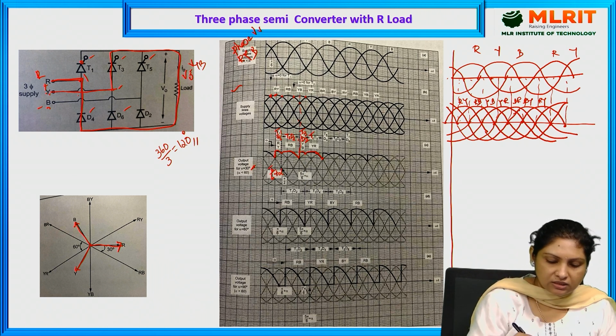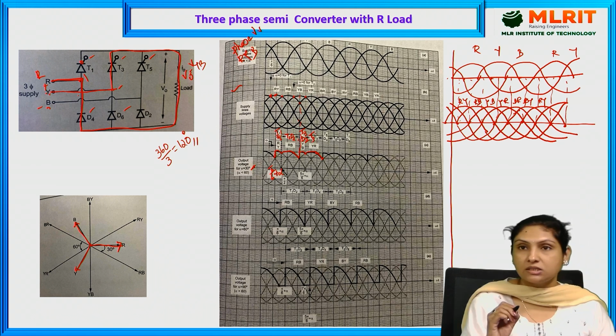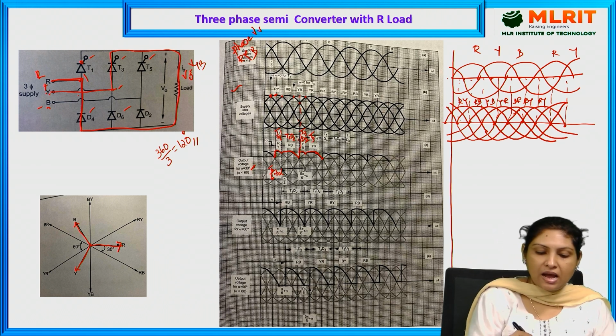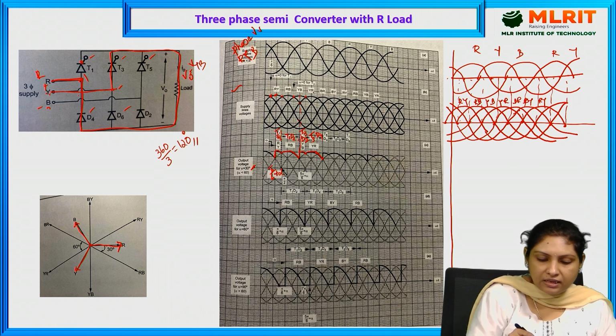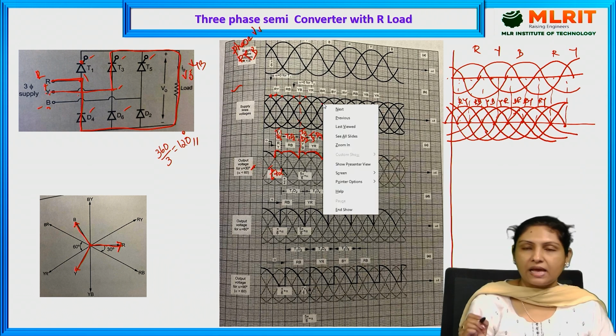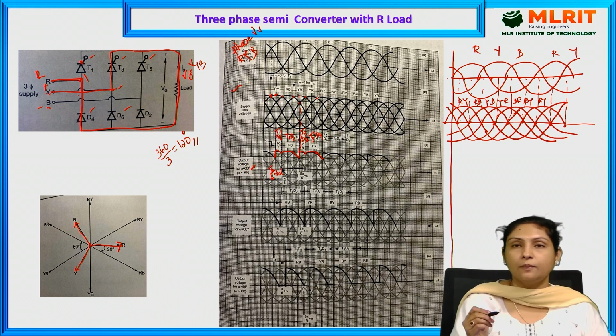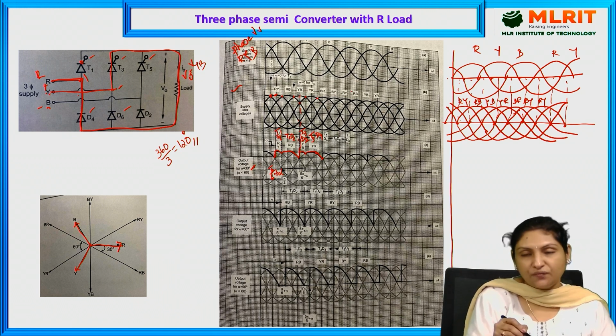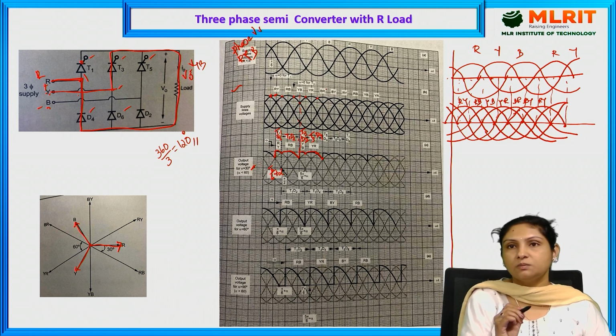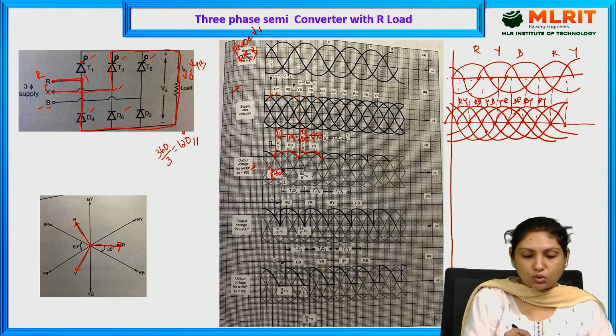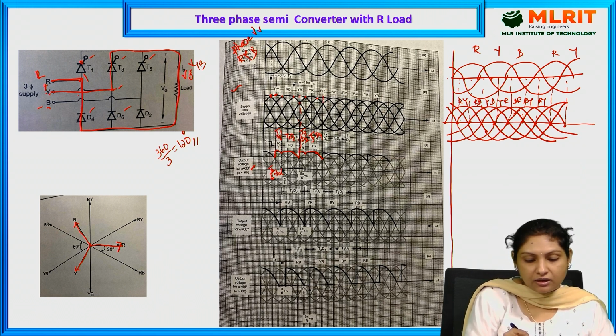T3 continues its conduction because of the Y phase, and later D4 is conducting till the YR phase is active. At this instant, zero crossing appears, and because of which the next phase, that is BR, appears. This is a zero crossing, and zero crossing plus alpha is this particular instant at which BR comes into the picture.